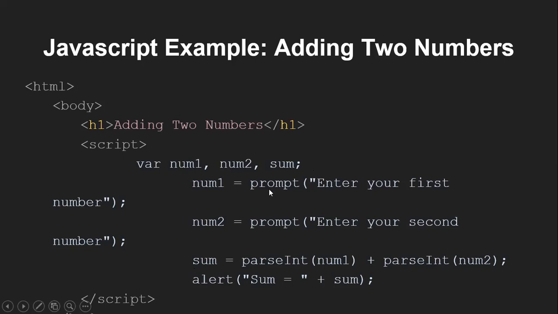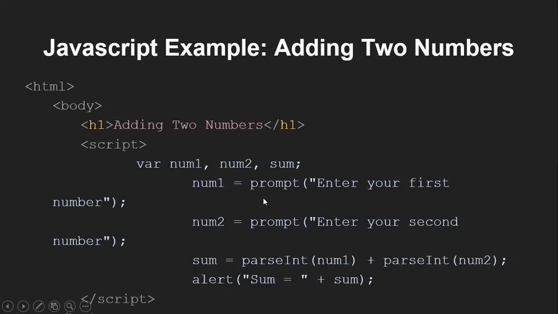The num1 is stored as a prompt value, which you can use to collect users' information: enter your first number. Then num2 says enter your second number. The sum is stored using parseInt. ParseInt is used to convert a string to a number in JavaScript. So parseInt(num1) plus parseInt(num2). Then you alert sum equals sum.